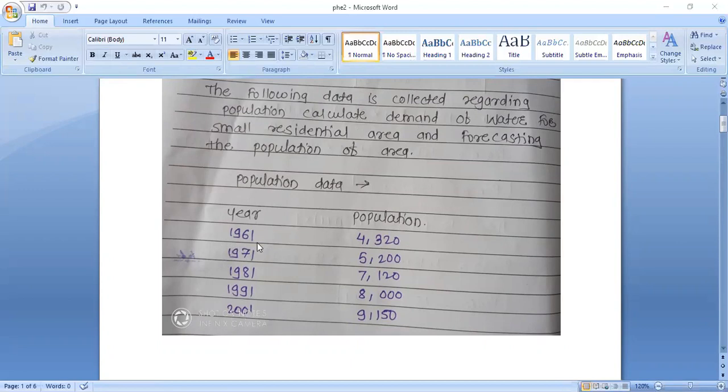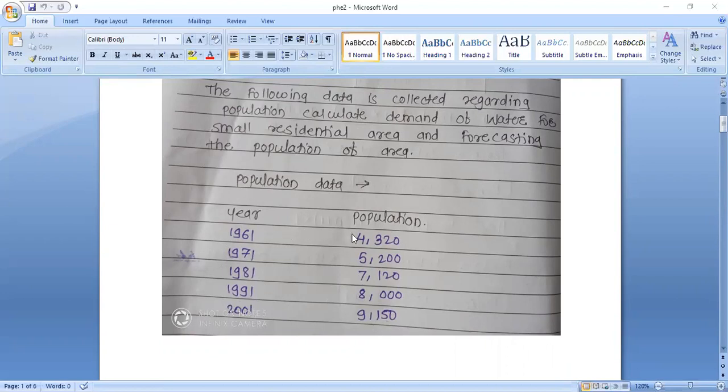For the year 1961, the population is 4,320. Then for the year 1971, the population is 5,200. Then for 1981, the population is 7,120. For 1991, the population is 8,000, and for 2001, the population is 9,150.